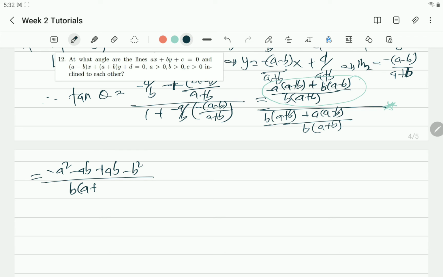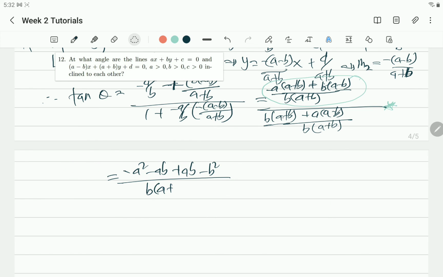So this is basically us solving for tan theta. Then I have tan theta is equal to what I'm writing.